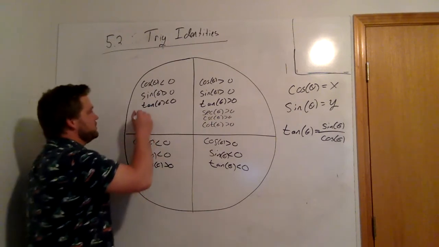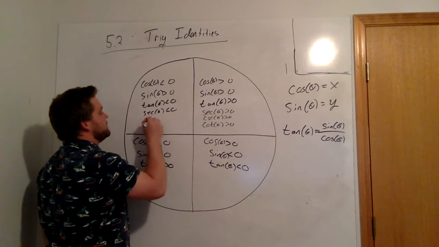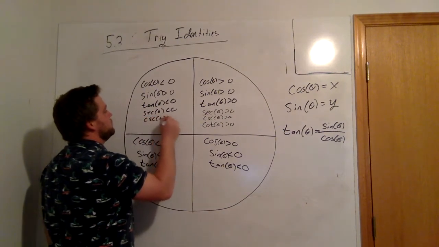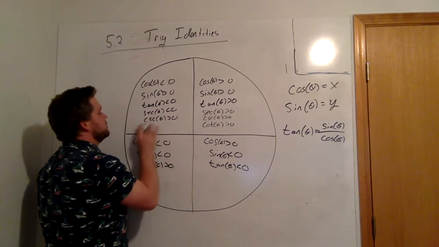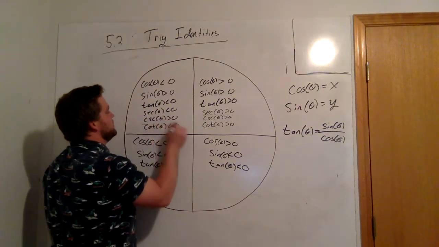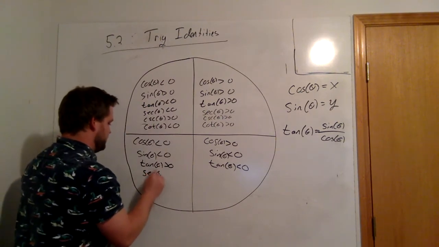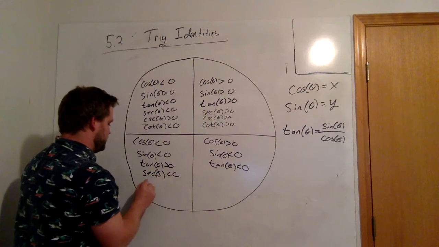And similarly over here, secant of theta would be negative. We'd have that cosecant of theta would be positive, and cotangent of theta is going to be negative.